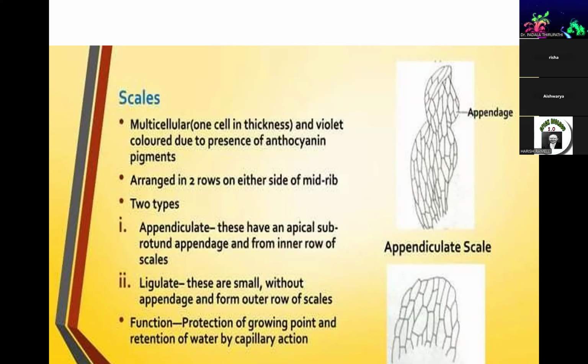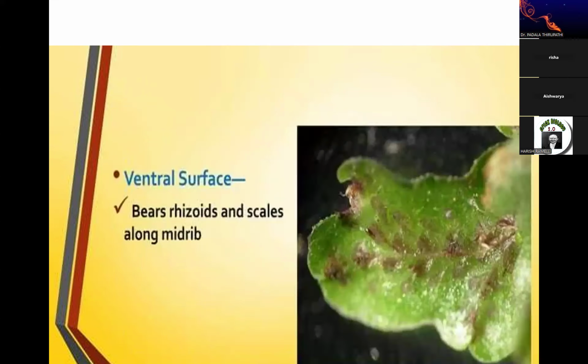How are these scales arranged? They are arranged in two rows on either side of the midrib. In this diagram you are seeing a brownish color, but that is actually somewhat violet colored. Afterwards they turn brown, but initially, when they are live, at that time they are violet. So two rows are present.